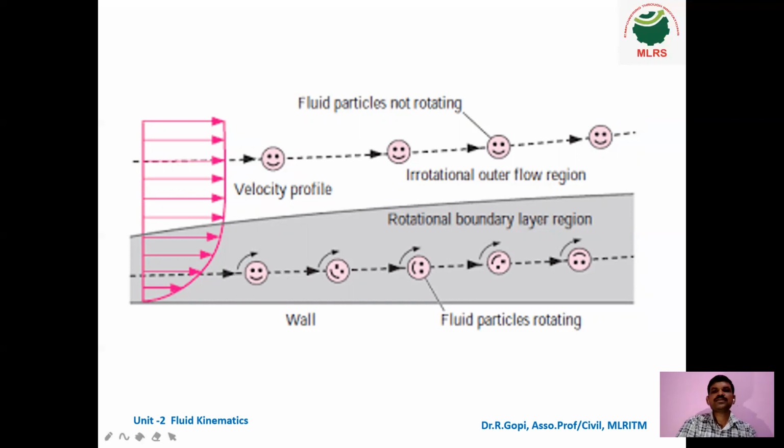Rotation occurs majorly in the boundary layer near the pipe wall. At some distance from the pipe wall, irrotational flow occurs. You can see here the spinning face will not rotate, and it will move along a well-defined path in a straight line. So if rotation occurs in your fluid particles, it is called rotational flow. If rotation does not occur, it is called irrotational flow.